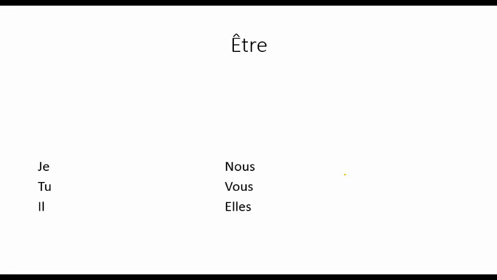Now, être is our last irregular. Être is always irregular. And this one doesn't really follow a pattern, so you don't even want to think about the nous form because that will just lead you astray. So don't even think about it. Now that I'm drawing attention to it, you're going to think about it. So your stem for this one is this. E.T. phone home with a weird stem and an accent. So je, j'étais.